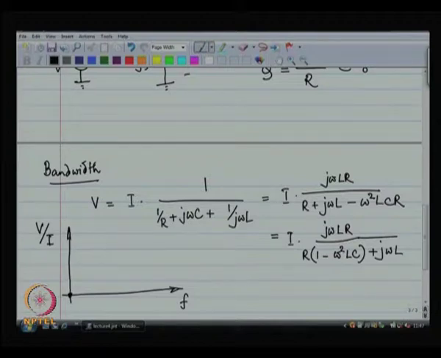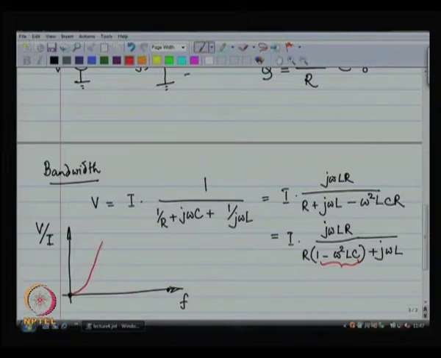At extremely high frequencies I have omega squared in the denominator, so V by I is again going to be asymptotically equal to 0. At omega squared equal to 1 by LC, this factor is going to cancel out, which means that V by I is just going to be equal to R.